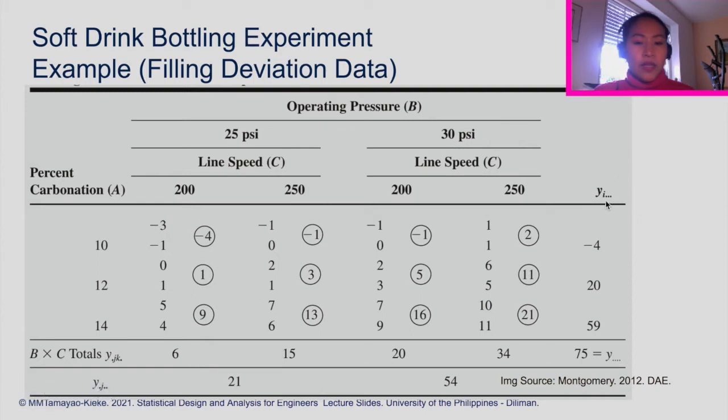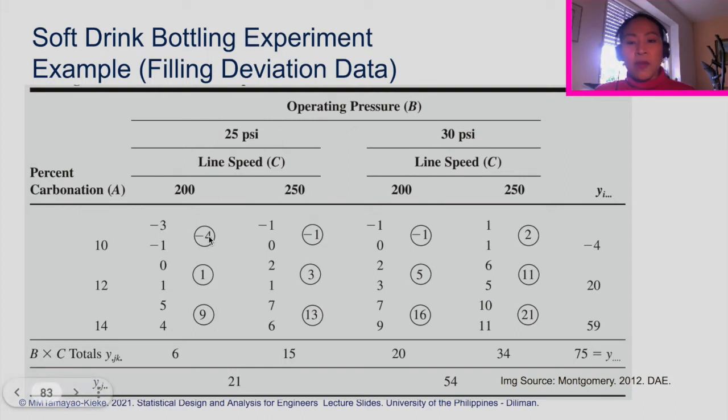For Y_i..., that would be -4 plus -1 plus -1, that's -6 plus 2 equals -4, and so on. And then in the last row, you have Y_.j., which are basically the sum of observations under level J of factor B. So for example, 21 here is the sum of the observations at 25 psi.